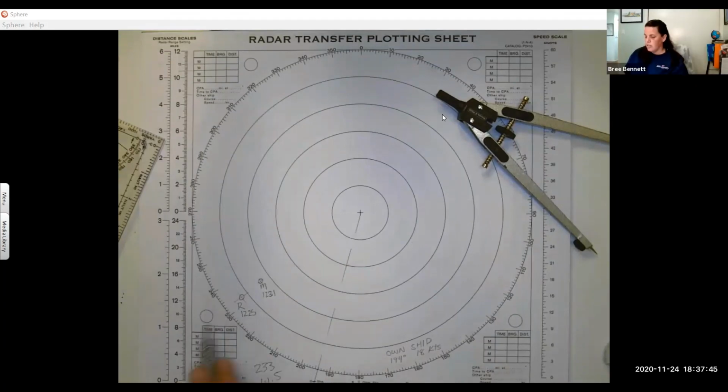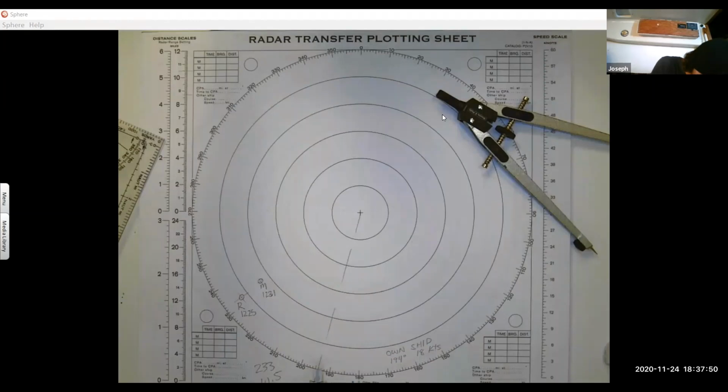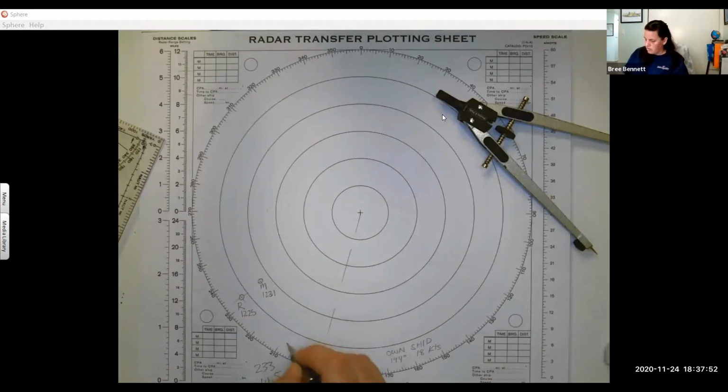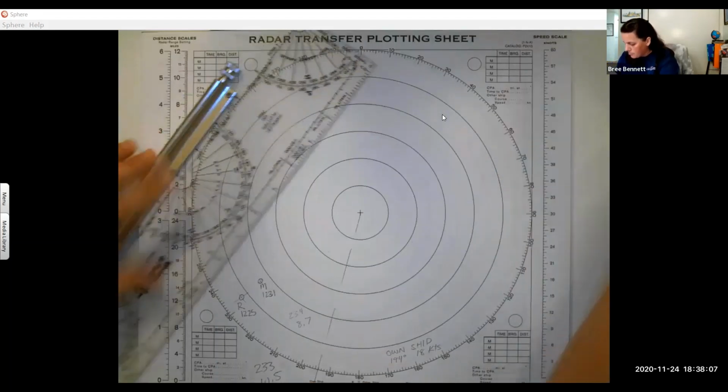So we have an R and an M. That M was 234 at 8.7. So we're going to connect that R and M to get our relative motion line so we can get the CPA and TCPA.